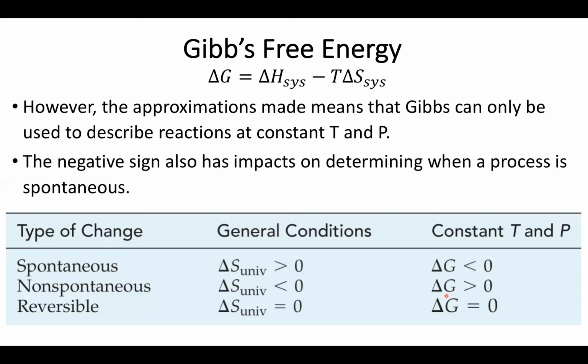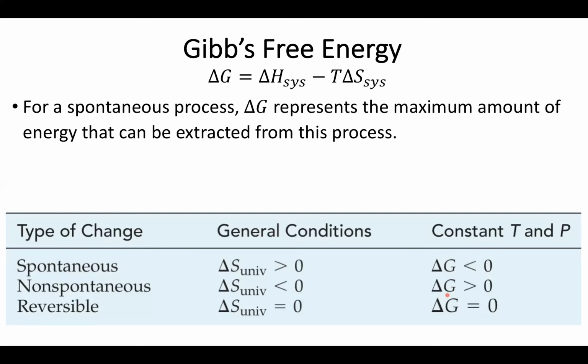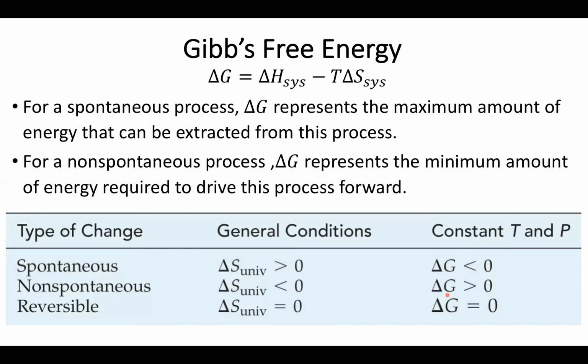So with the non-spontaneous process, this positive value is going to end up representing the amount of energy required to drive a process forward. So negative value, how much energy is produced, and for a positive value, how much energy needs to be put in.